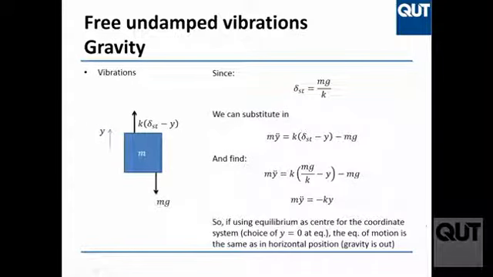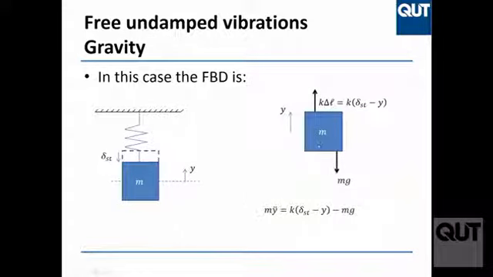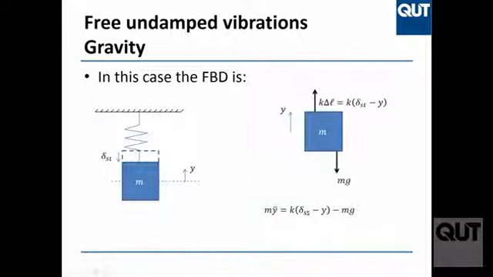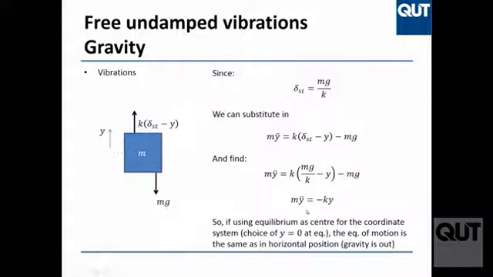Cool. Now we found this, so we know this variable. So I go back to the full equation, Newton's law. By applying the equilibrium condition, I found delta static. Now, what can I do? I put it back in the original equation. I know how much it is, so I can put it back. Here k multiplied by mg over k is mg, minus mg, these two cancel out.